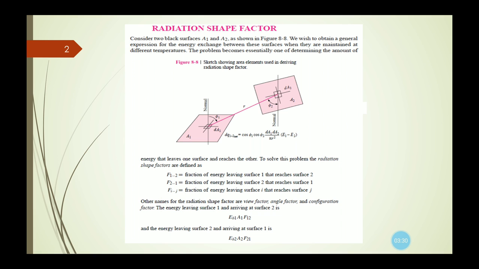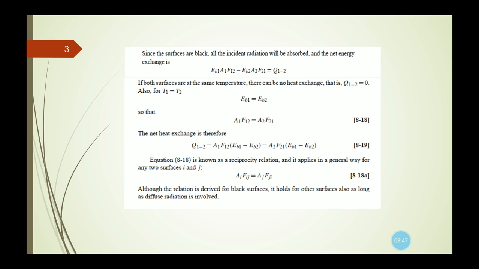In a similar way, the energy leaving surface 2 and arriving at surface 1 can be written as EB2 A2 F21. So these are the formulas for that. Now since the surfaces are black, as per our consideration all the incident radiation will be absorbed, and the net energy exchange here will be Q12, that is EB1 A1 F12 minus EB2 A2 F21.